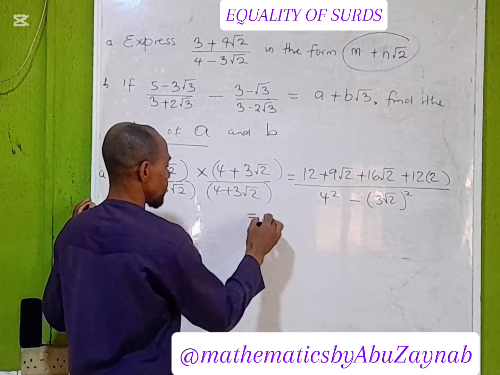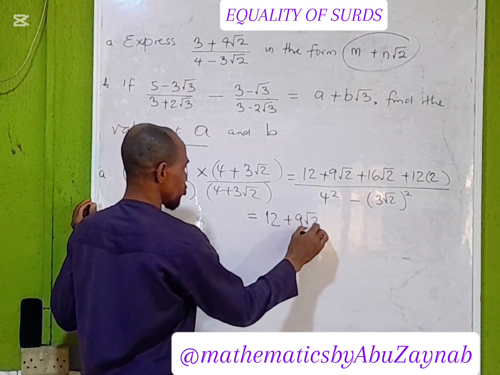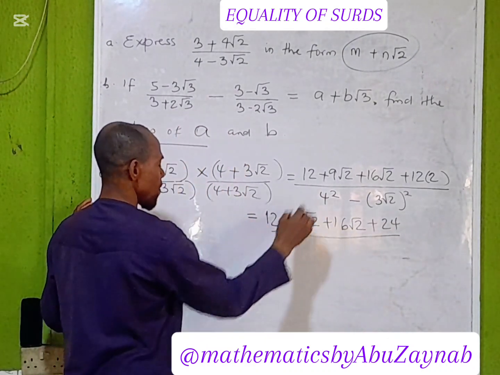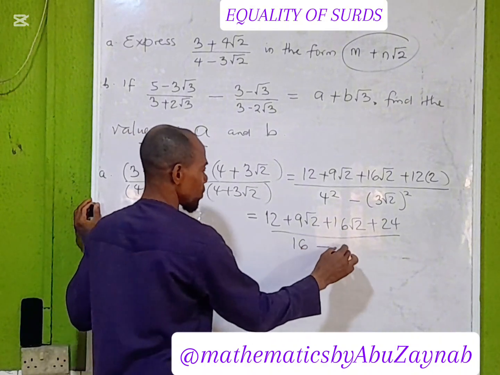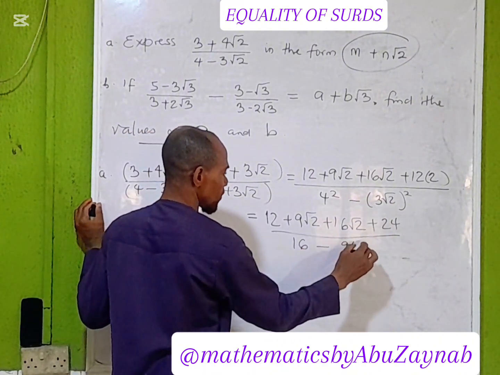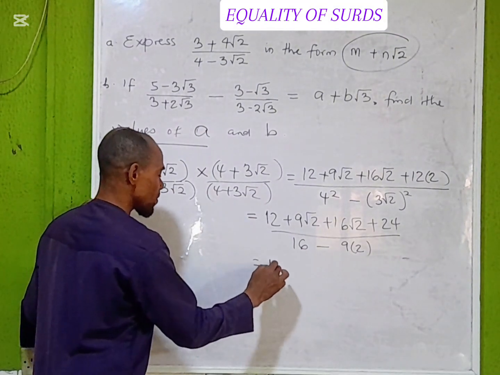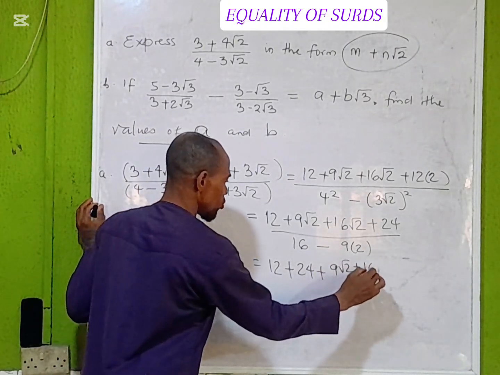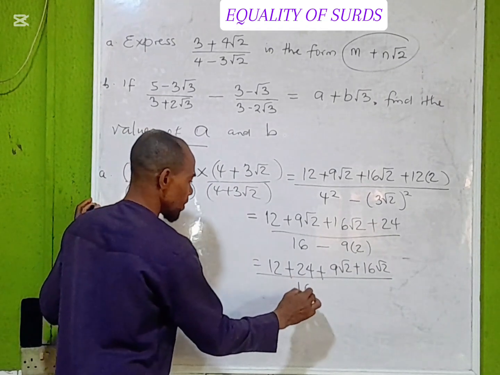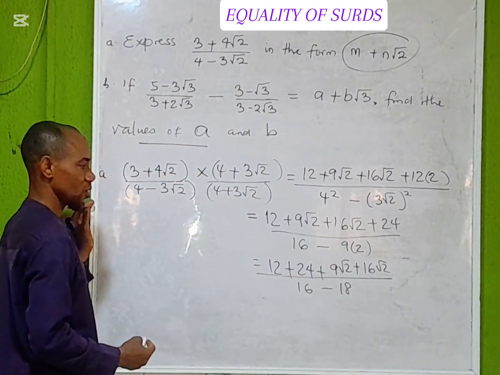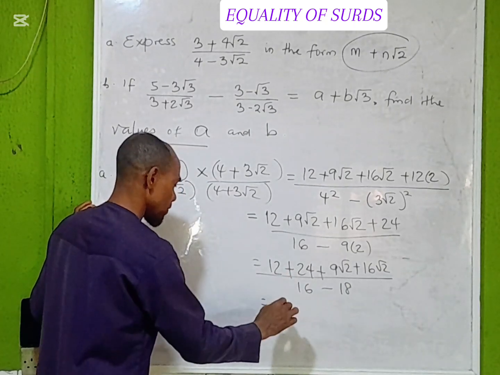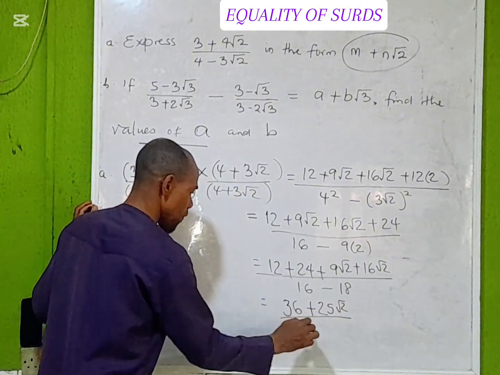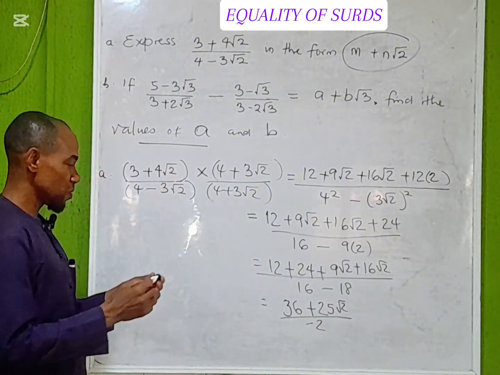So we have then 12 plus 9 root 2 plus 16 root 2 plus 12 times 2 is 24 over 4 squared is 16 minus 3 squared is 9, root 2 squared is 2. So collecting like terms for the numerator, that's 12 plus 24 plus 9 root 2 plus 16 root 2 over 16 minus 18. So basically, when we add up like terms, that's 36 plus 25 root 2 over minus 2, which is pretty much the solution.